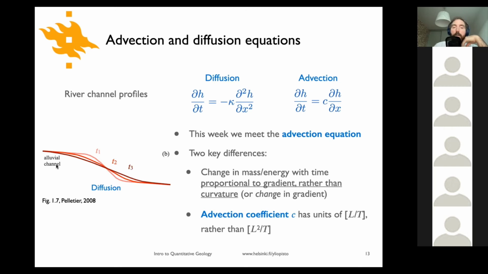This is what we'd call an alluvial channel, meaning it's covered in alluvium. The steep gradient in the channel is getting shallower and shallower. You might remember with diffusion equations that diffusion reduces gradients. In this case, it makes our river channel less steep than it was before. And by time T3, it's become a nice gentle river.